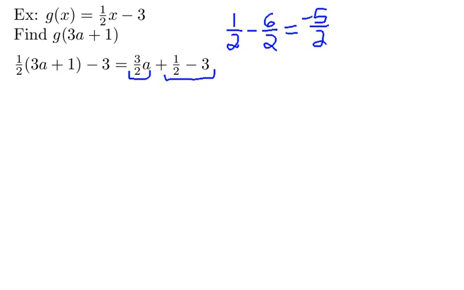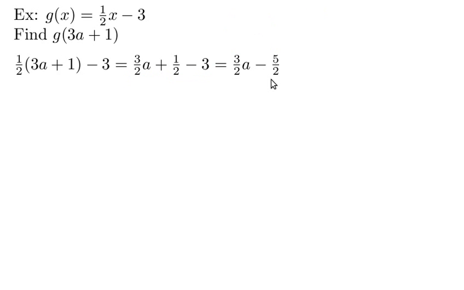So that means this is going to simplify down to 3 halves a minus 5 halves. So this 1/2 minus 3 will become negative 5 halves, or 3 halves a minus 5 halves.